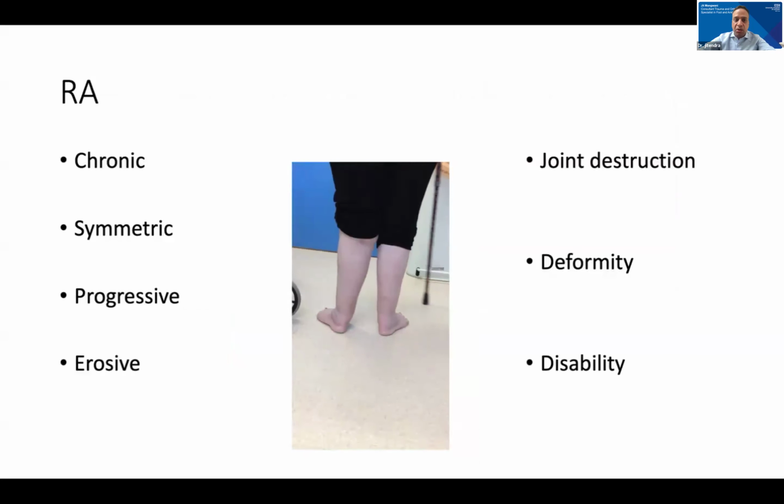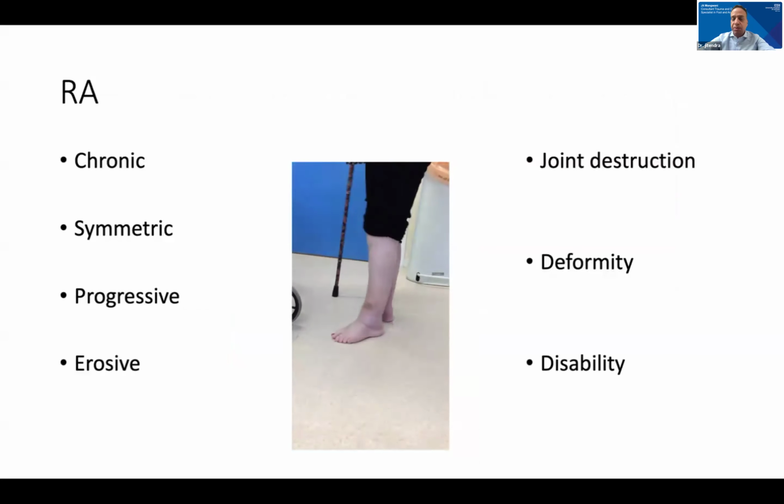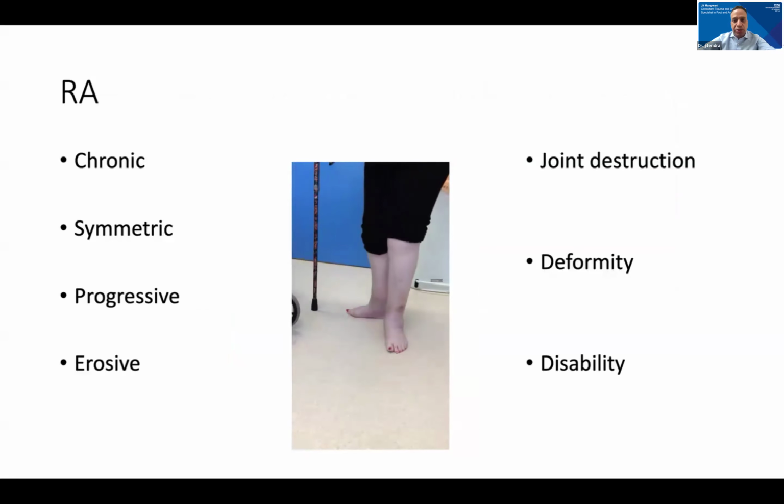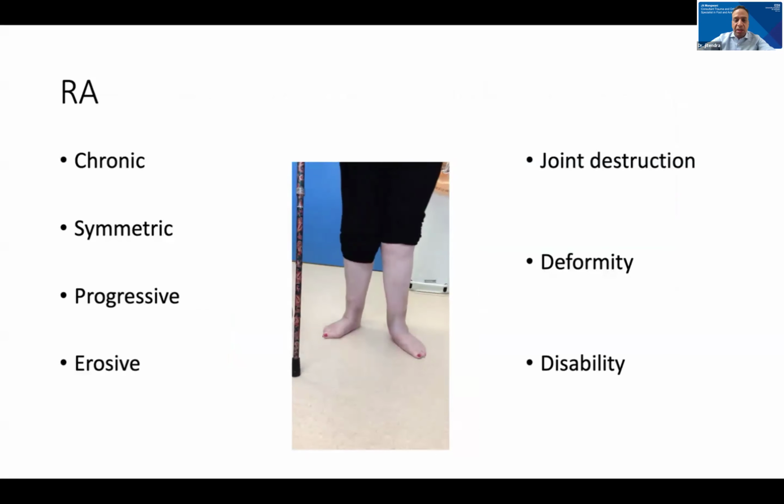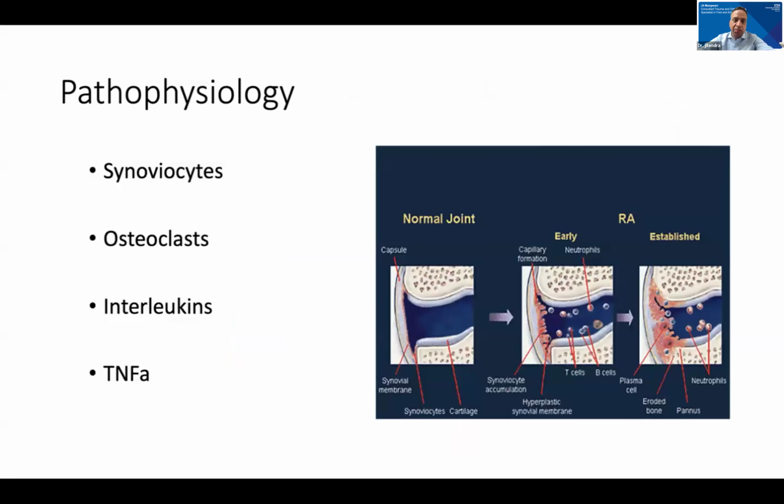And this is a typical presentation of a rheumatoid patient in our clinic. As we know, it's a chronic symmetrical condition that moves progressively and destroys the joint, leading to deformity, lack of movement, and disability. If we look at the pathophysiology, it's all related to synoviocytes, osteoclasts, interleukins, and TNF alpha.